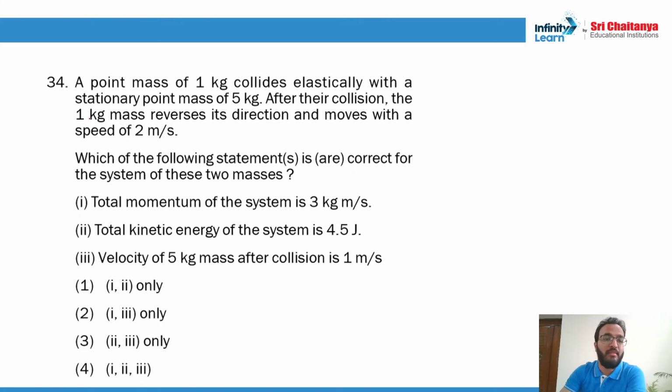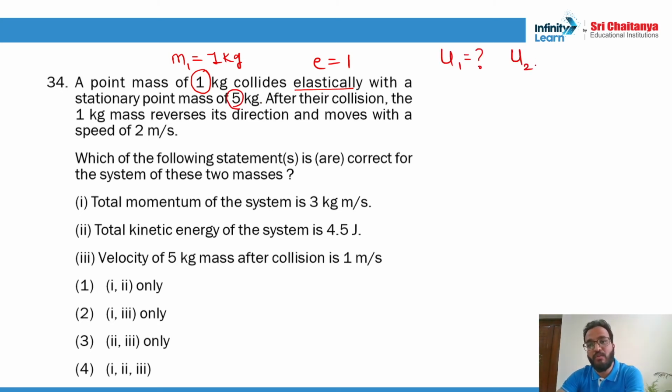Now this is a good question. A point mass of 1 kg collides elastically. Elastically means e is equal to 1. A point mass of mass 1 kg, that means M1 is 1 kg, with a stationary mass M2 of 5 kg. So have they given U1? No. Have they given U2? Yes.